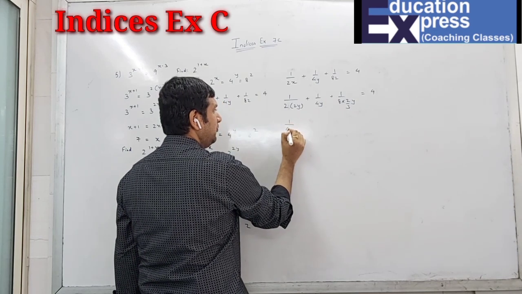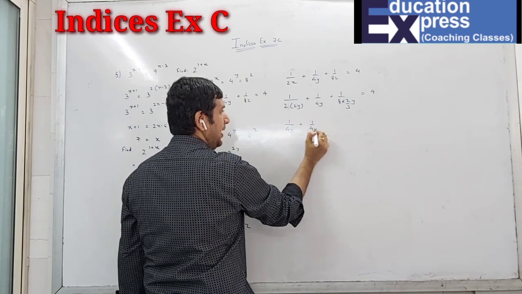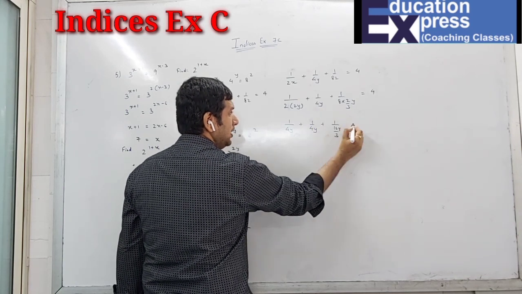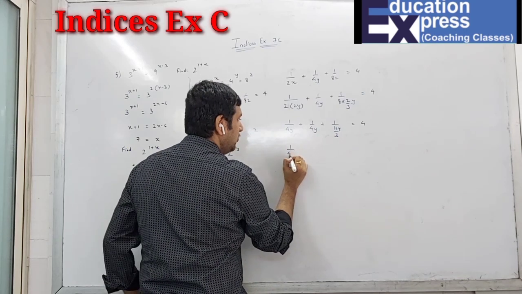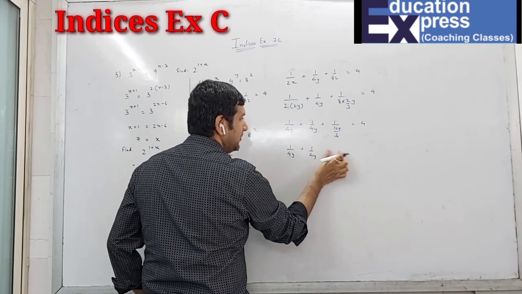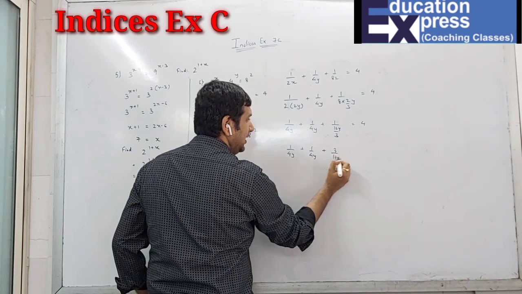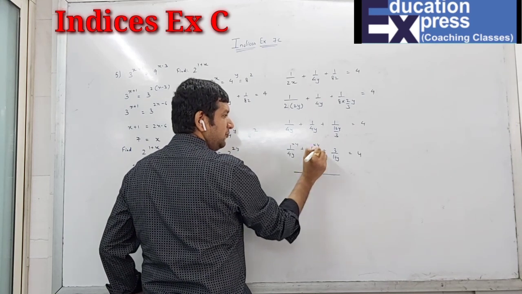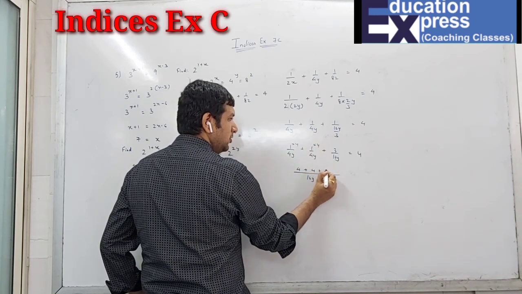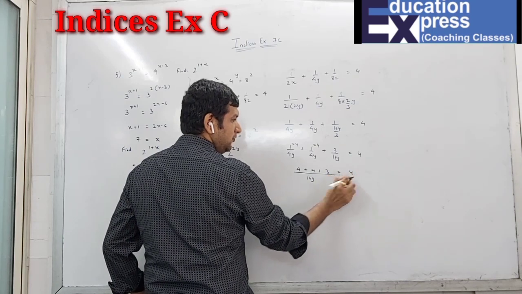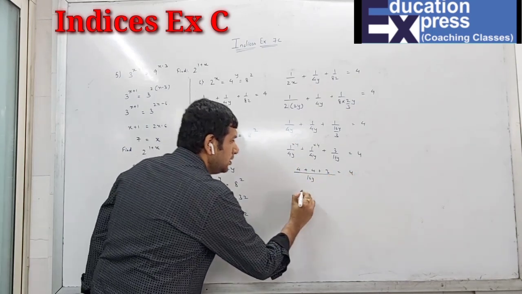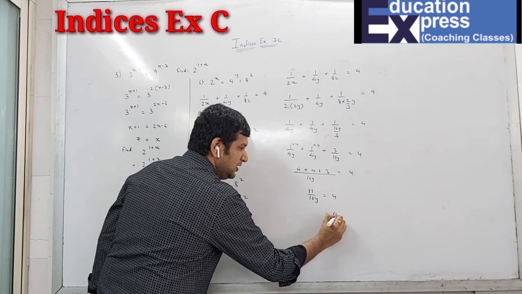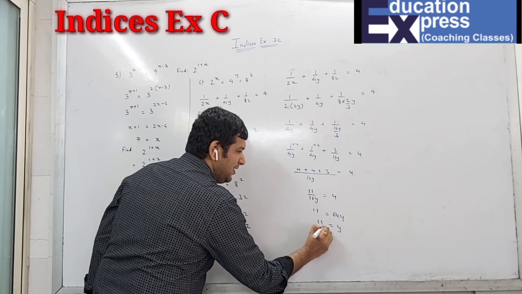So now 1 upon 4Y, 1 upon 4Y, and 1 upon 16Y upon 3, the 3 will go up, equals 4. So 1 upon 4Y plus 1 upon 4Y plus 3 upon 16Y equals 4. LCM 16Y. So 4, 4, and 3. So 4 plus 4 plus 3 is 11. 11 upon 16Y equals 4, and 64Y equals 11. So Y is 11 upon 64.